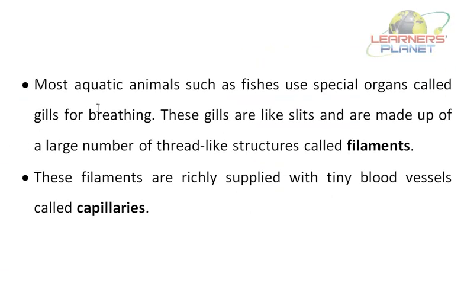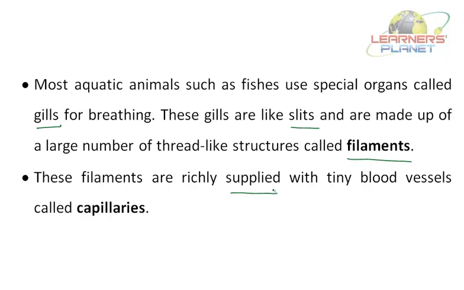Yes, students, most aquatic animals such as fishes use special organs called gills for breathing, right? We saw it in the diagram. Yes, so these gills are like slits, and they are made up of a large number of thread-like structures called filaments. And these filaments are richly supplied with tiny blood vessels called capillaries.